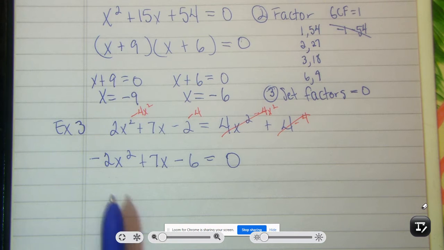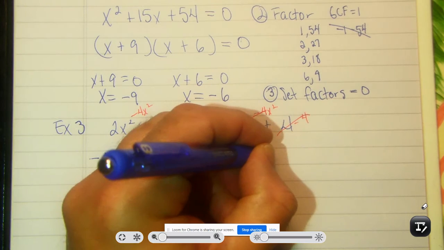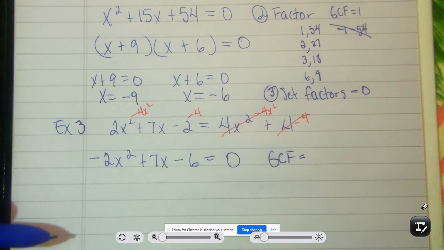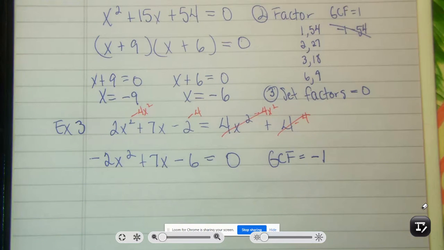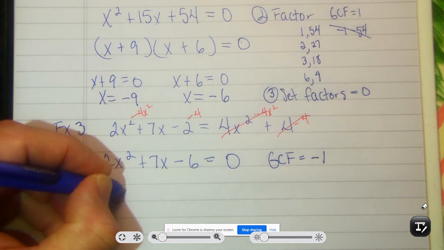Now, if I looked for a GCF, 2 won't divide 7, it will divide 6. So my GCF is going to be 1, but remember, we don't factor with a leading negative. So my GCF actually is going to be -1. I'm going to factor out a -1 all the way through.